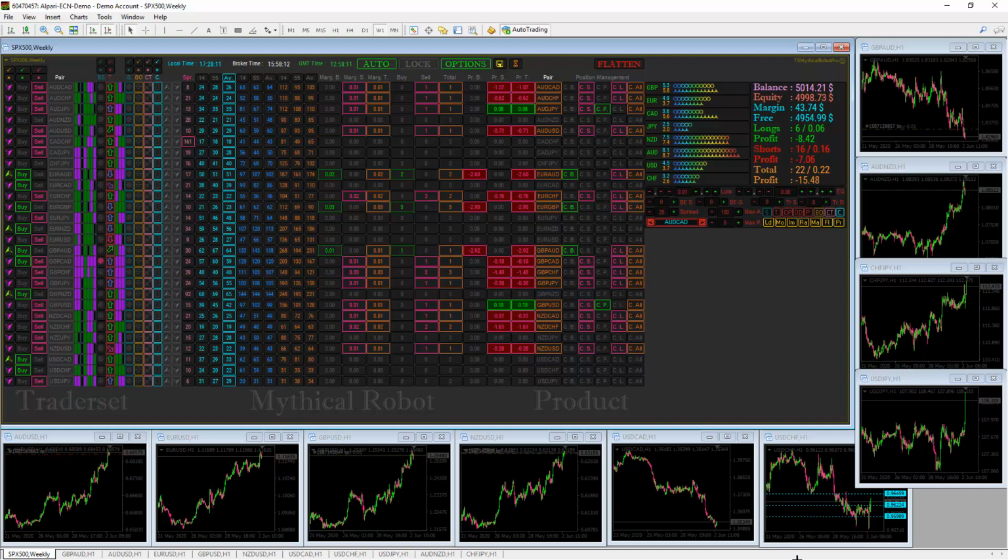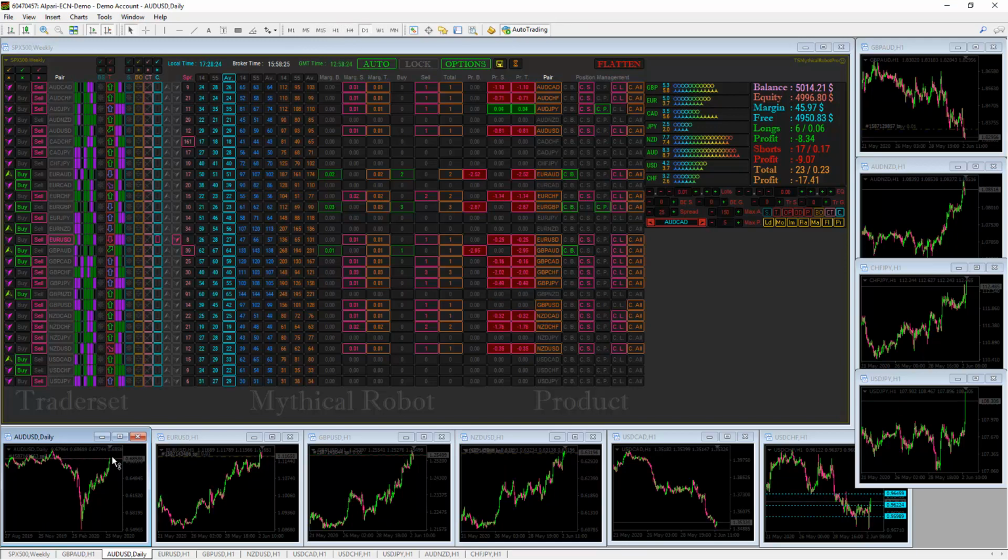And you clearly see it in the charts. Here we go. Hourly is very powerful, so upward move. Daily is not as powerful as before, but it's still powerful upward.